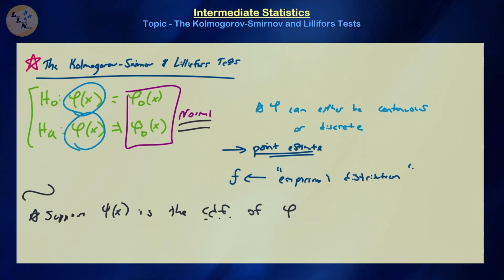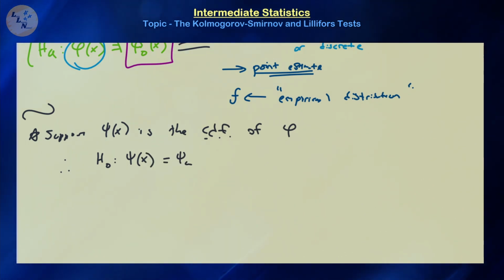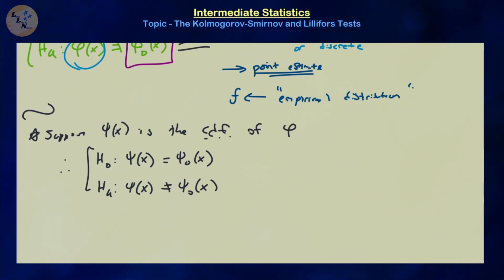So if our distribution phi and phi 0 are equal to each other, that means the cumulative density functions of those functions are also equal as well. So that means psi of x is going to be equal to the cumulative density function of the claimed distribution, and the alternative would be, of course, psi of x is not equal to psi 0 of x. Now let's just briefly talk about, what exactly is a cumulative density function.